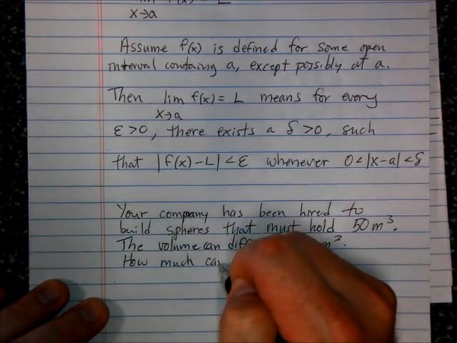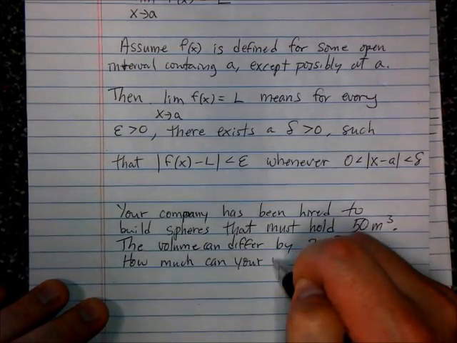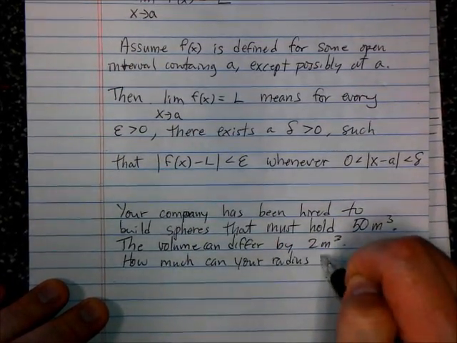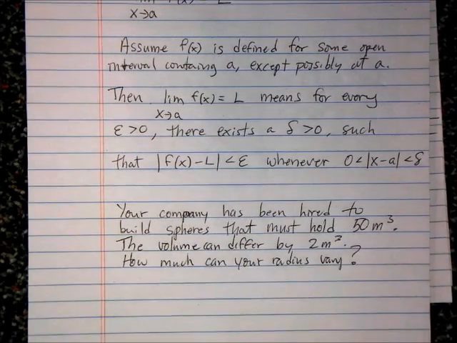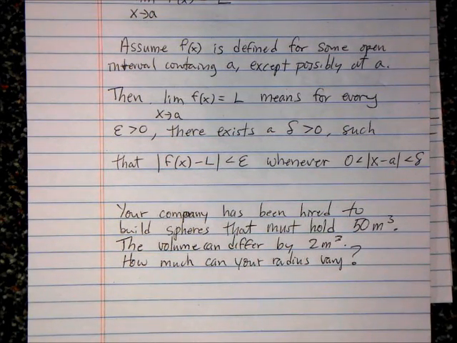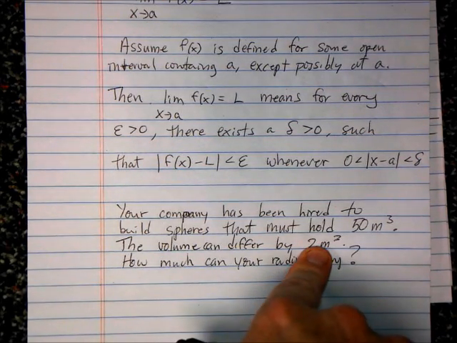How much can your radius vary? So now you're getting ready to build the sphere. You know you want the sphere to contain 50 cubic meters. So we can figure out exactly how much our radius should be. But then we know we can have a possible error of 2 cubic meters.